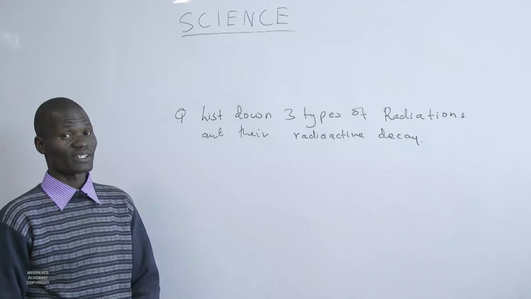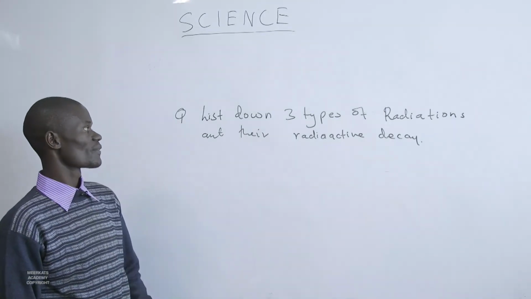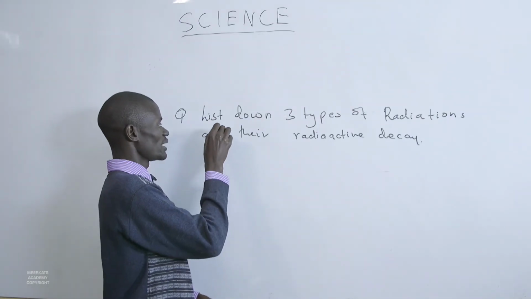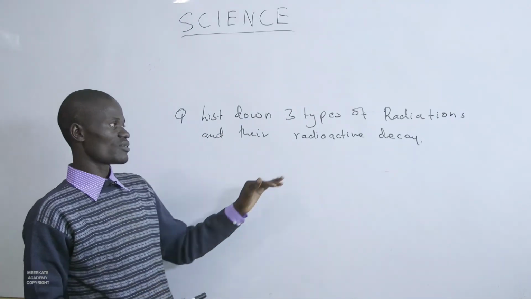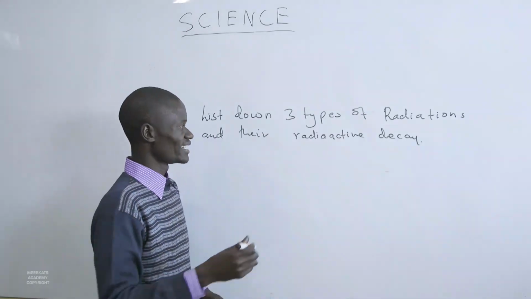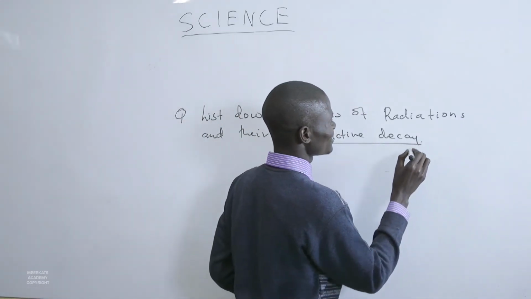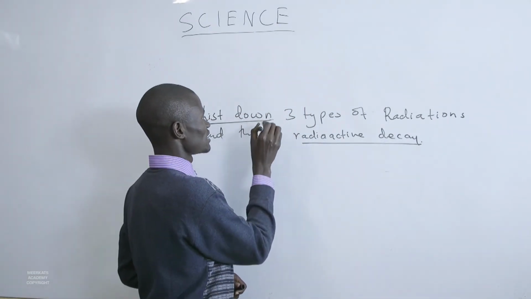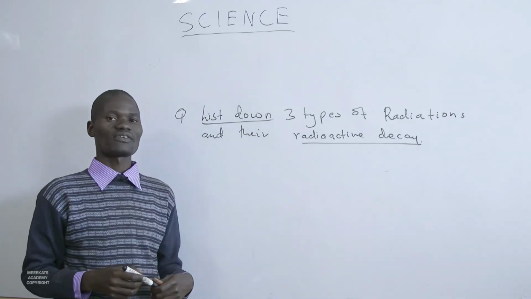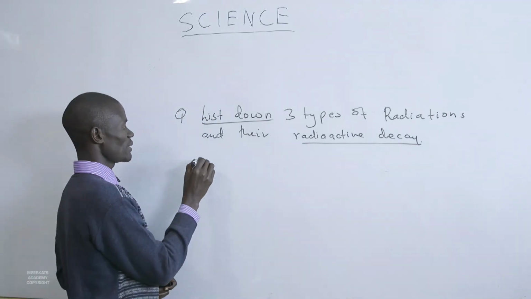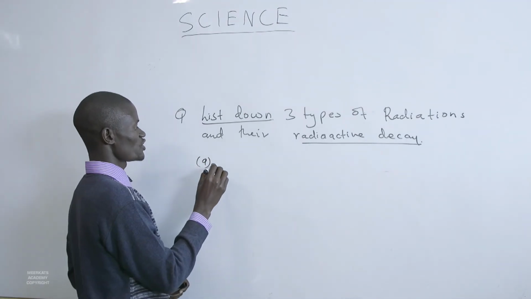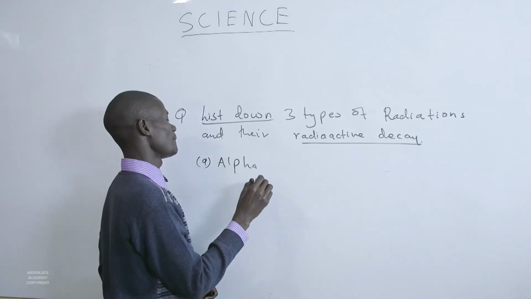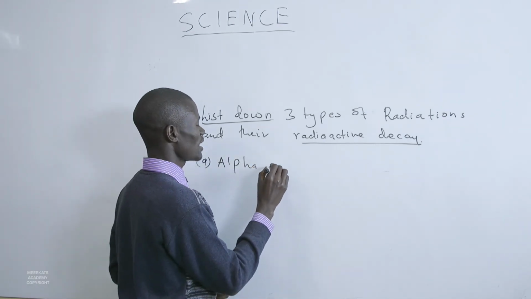There are actually 3 types of radiation, and these radiations will in turn give out the radioactive decay. You will now have to state the radioactive decay, as you have listed down the types of radiation. To help us, the first type of radiation is the alpha radiation, which gives us an alpha particle.